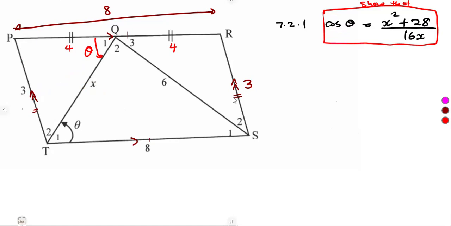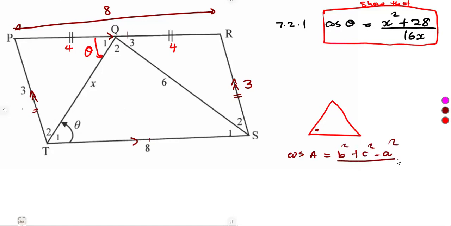The cosine rule. For the cosine of an angle A, it must be equivalent to B squared plus C squared minus A squared over 2BC, meaning that all sides must be given.